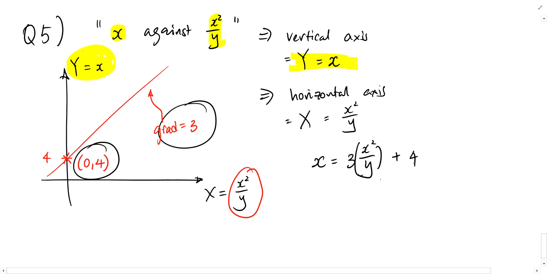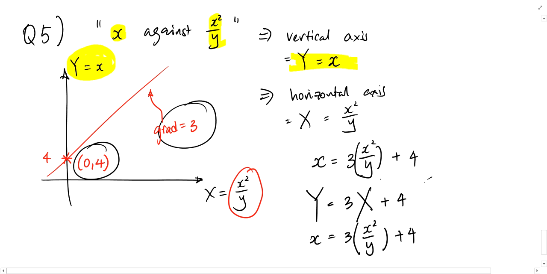If you can see it clearly, good for you. If you can't, substitute it back into our big Y equals 3 big X plus 4. Then from here, we substitute our big Y with x, and our big X will be x squared over y, plus 4. So some of you are actually skipping this step, which is fine. Okay? Any questions?